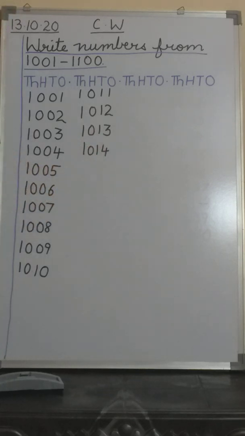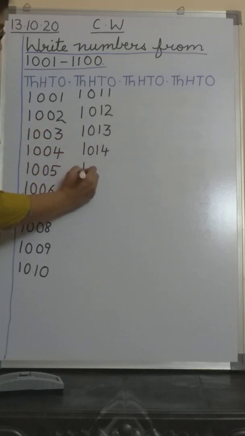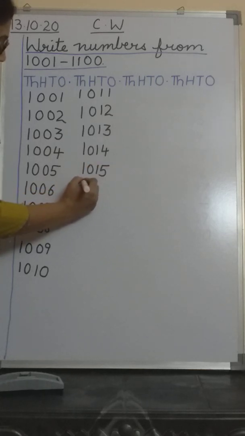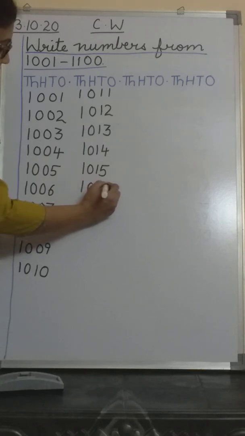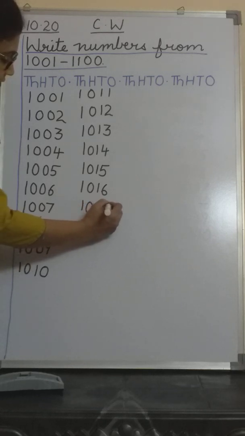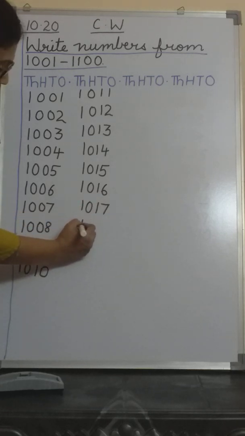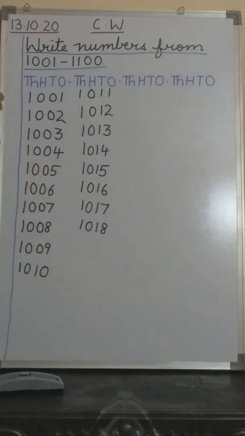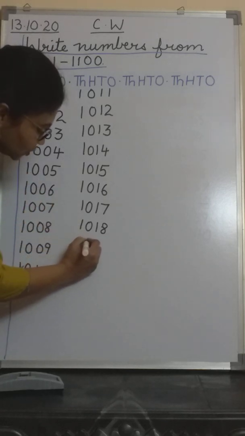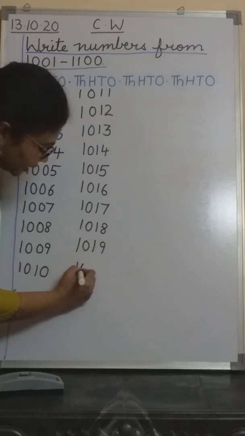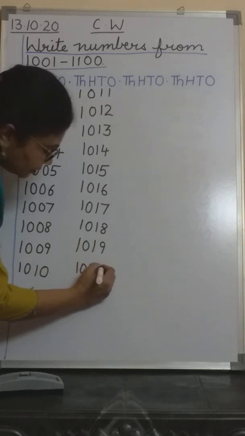Say and write boys. 1015, 1016, 1017, 1018. Make sure you leave a box in between. 1019, 1020.